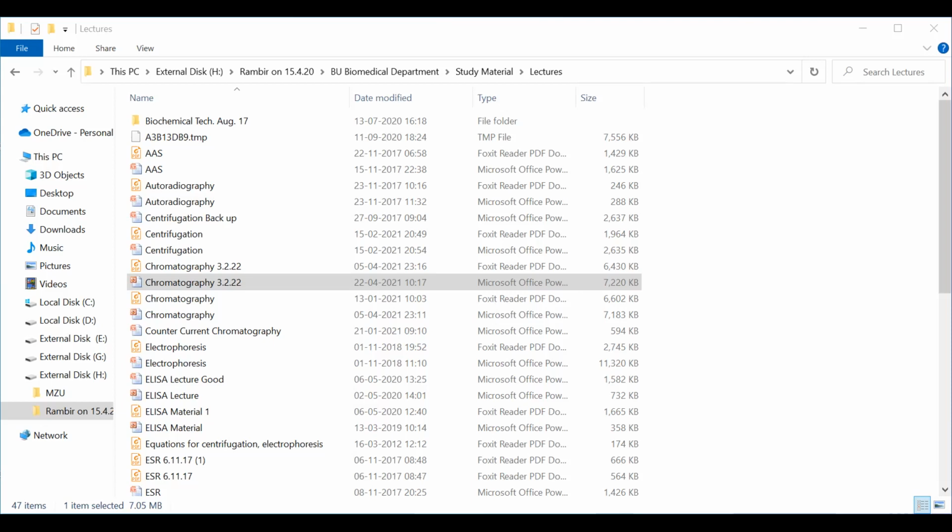What is the molecular formula of methanol? CH3OH. So we have three CH bonds and one carbon hydroxyl bond. That carbon hydroxyl bond is polar, and the CH bonds of the CH3 are non-polar.